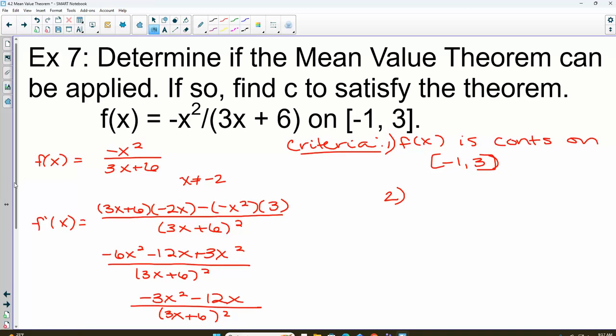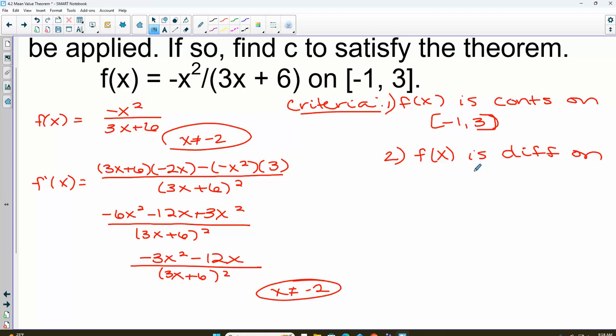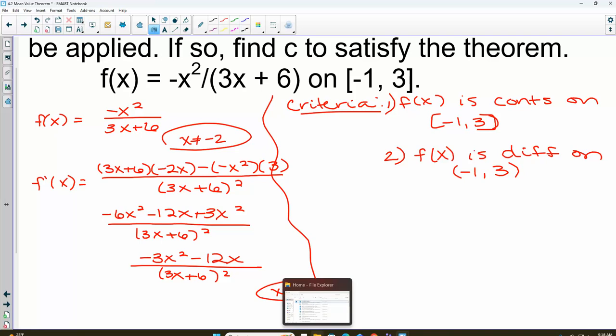So my derivative turns into negative 3x squared minus 12x over 3x plus 6 squared. What can x not equal? Still just negative 2. That's the only thing that makes it undefined. Negative 2 isn't in my interval, so f of x is differentiable on the interval -1 to 3. So this is kind of like my scratch work so I could verify. I looked at my domain, made sure that value wasn't in my interval. Are we okay with that?